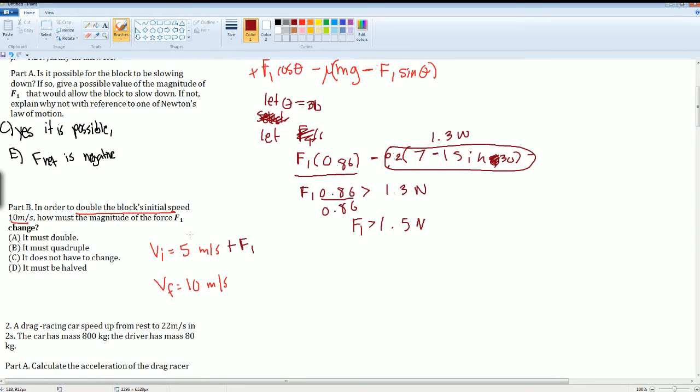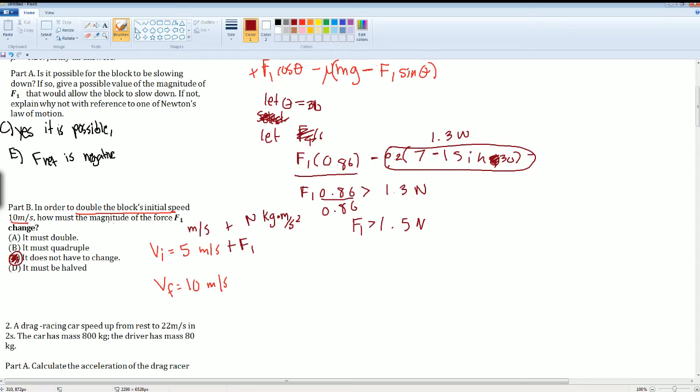The reason why you can't do this is that the units of this are meters per second, and this is newtons. Newtons is just kilograms times meters per second squared. They're different units. You can't combine these.